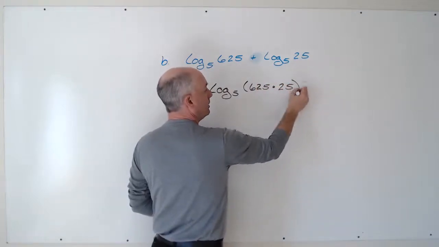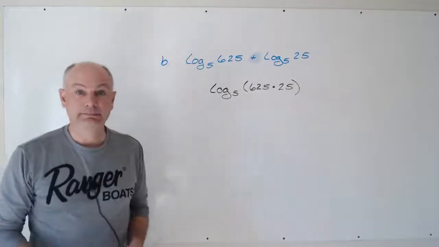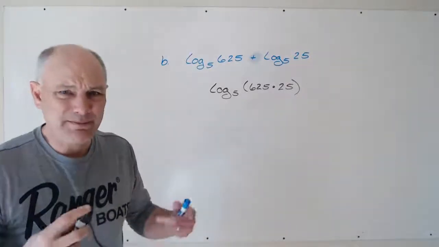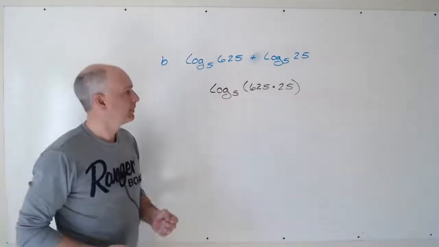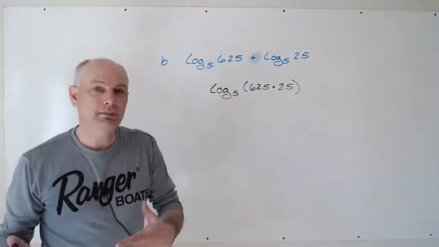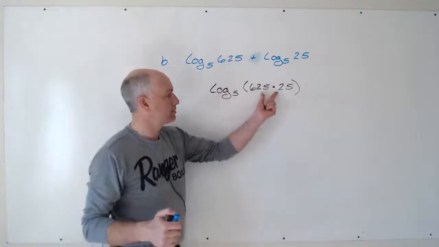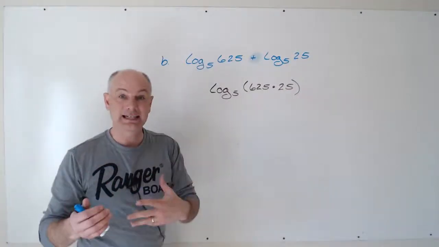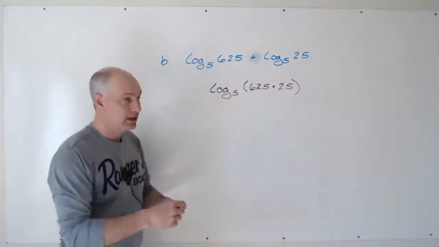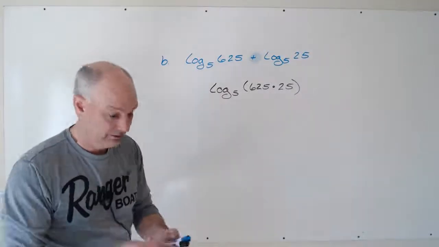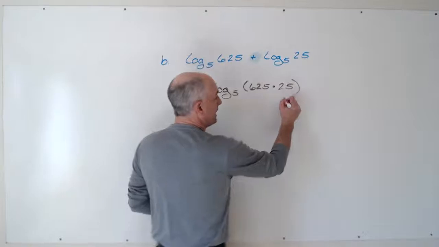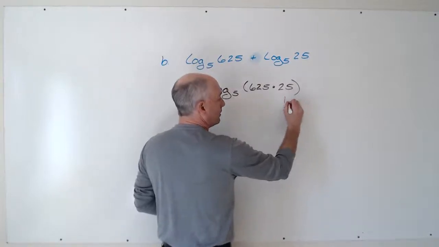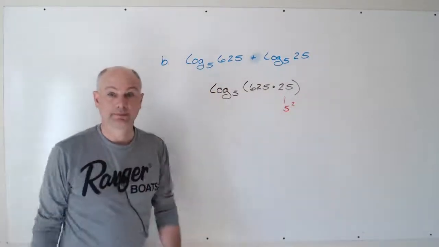Now I know that as you look at this, everybody, if I multiply those together, I'm going to get a massively large number. So instead of multiplying them together, let's look at the 625 and the 25 as separate entities to begin with. Now we should recognize 25, we can write that as 5 to the second power.